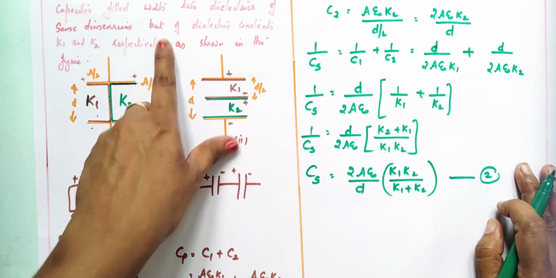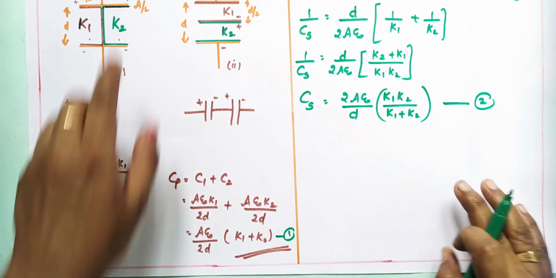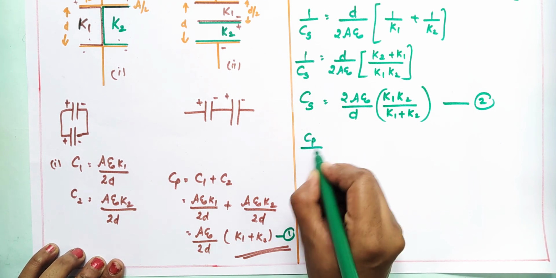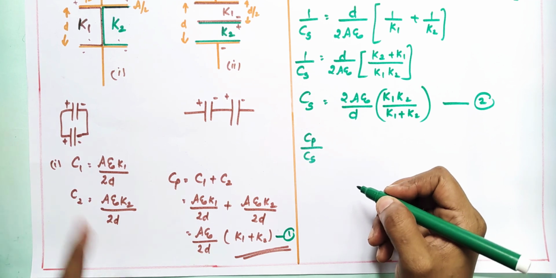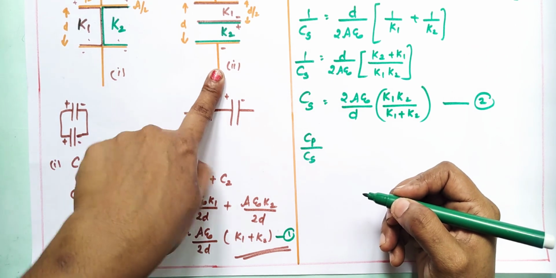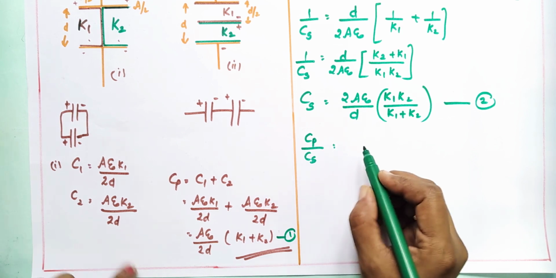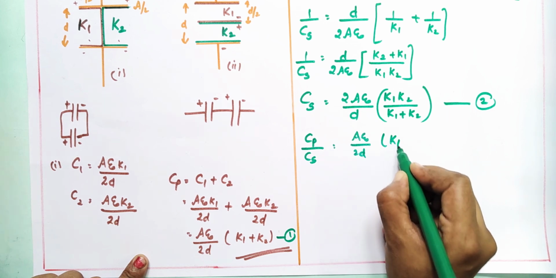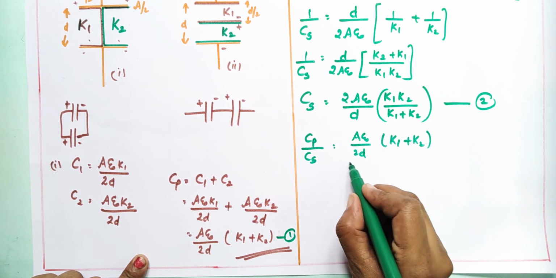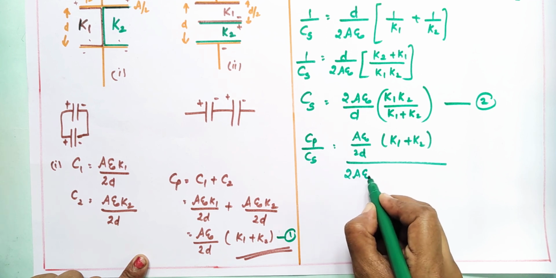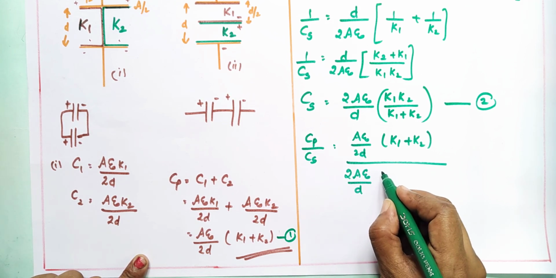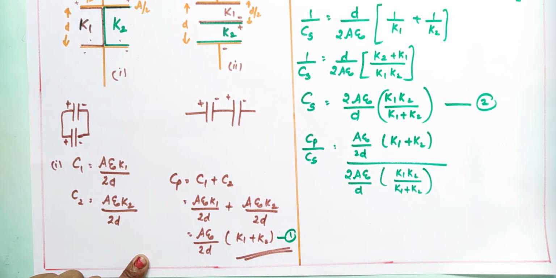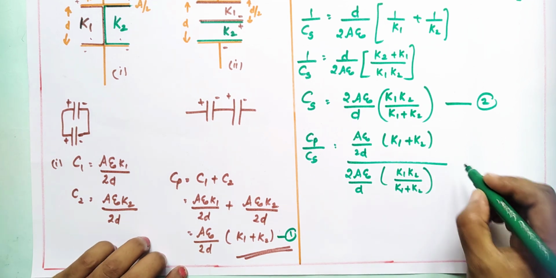We can take the ratio. The question is finding the ratio, no? So we take the ratio Cp divided by Cs, the first capacitance divided by the second one. Cp by Cs equals A epsilon 0 divided by 2D into K1 plus K2, the whole divided by 2A epsilon 0 by D into K1 K2 divided by K1 plus K2. Now we can simplify.